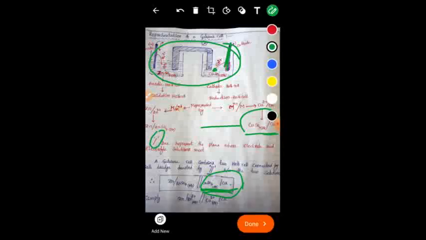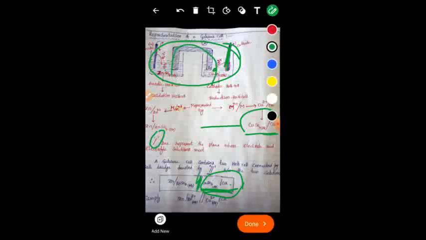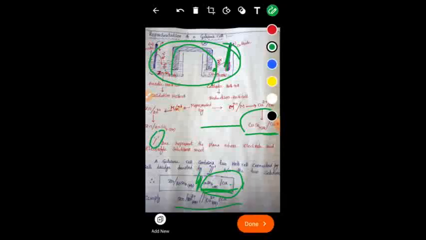These two are connected by a salt bridge, two vertical lines. Next, simply this can be explained like this: Zn/Zn2+ salt bridge Cu2+/Cu.